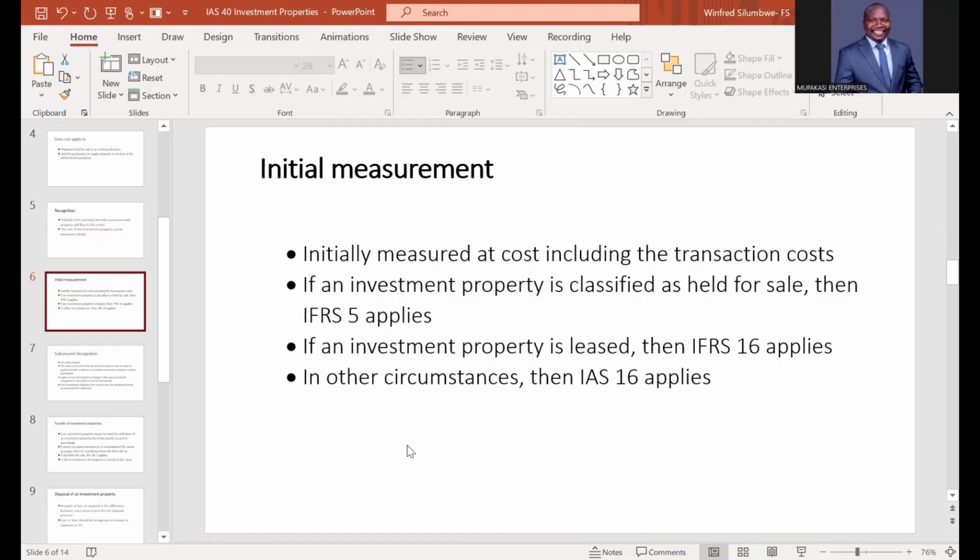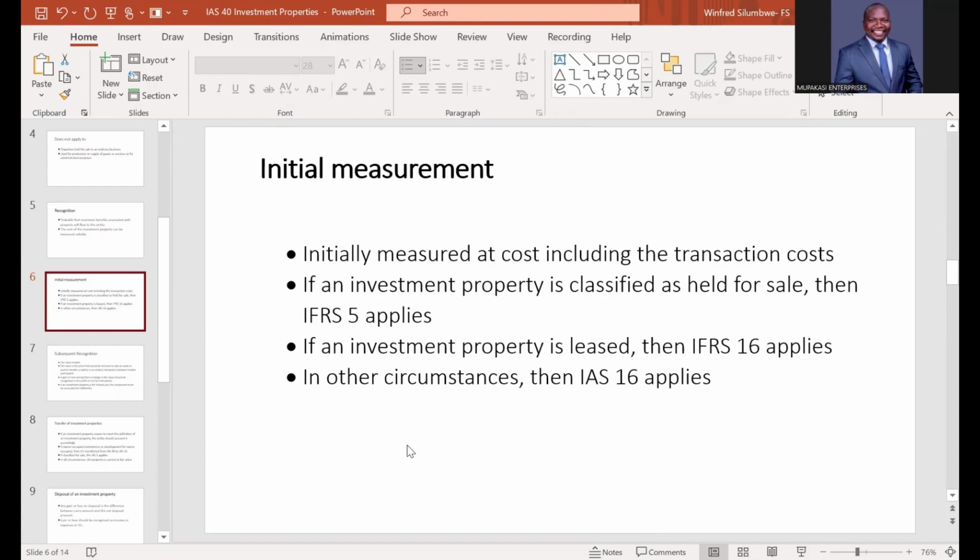There should be some marketing arrangement, some programs initiated to ensure that the property is sold. If all that qualifies, then that property ceases to be accounted for under IAS 40 and is accounted for under IFRS 5.